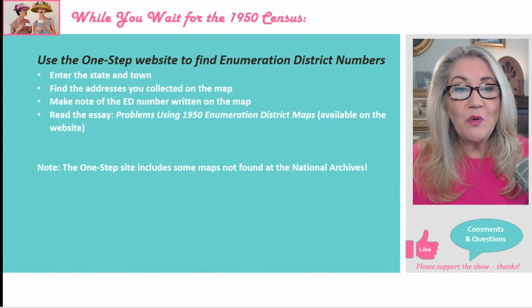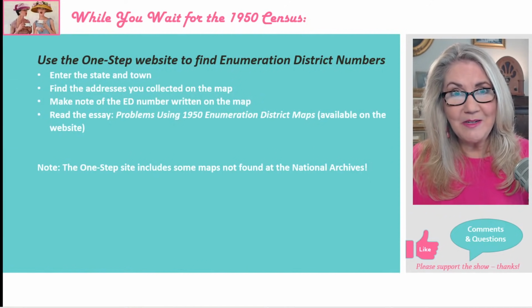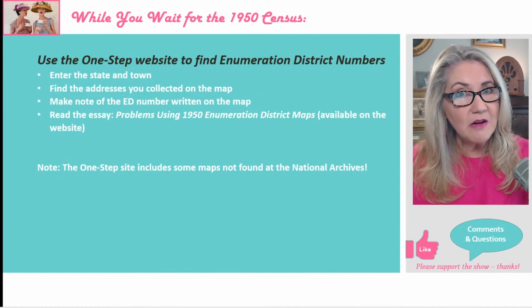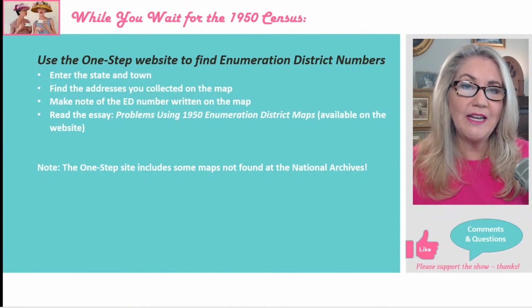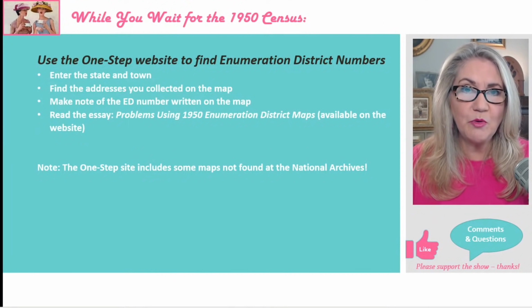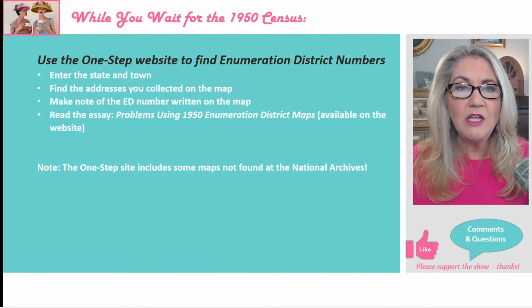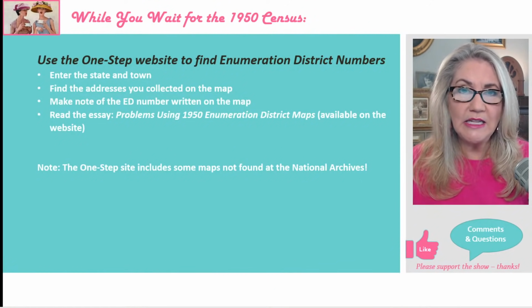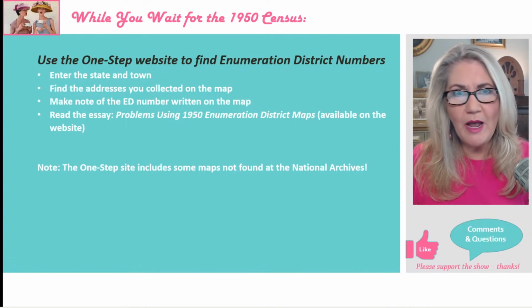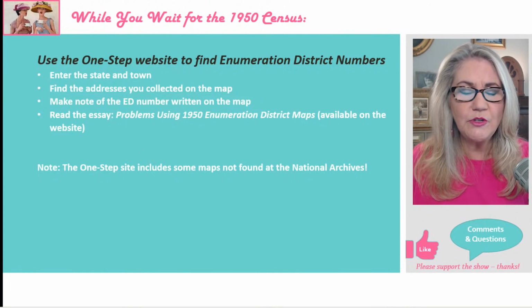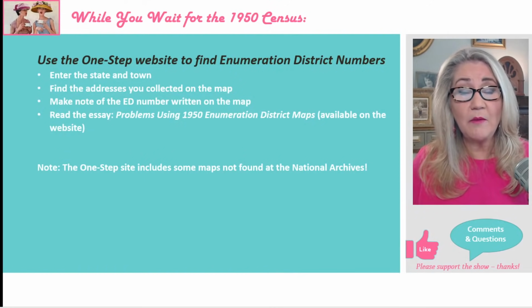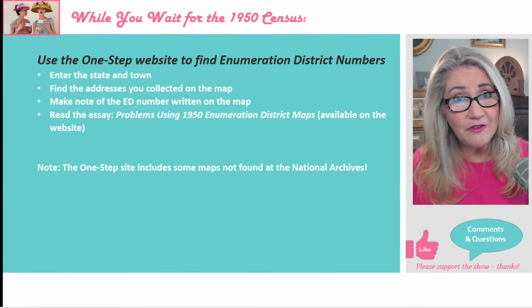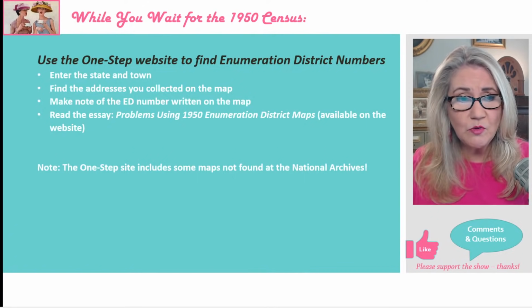Also, you can use the one-step website that we talked about. And once you're armed with these locations and these addresses, you're ready to go out and find those enumeration district numbers. So you're going to use the tools. I've got links very specifically throughout the show notes with all the details on how to. And you're going to enter the state and the town where they lived. If you have the street address, you're going to enter that more specifically in that unified tool.